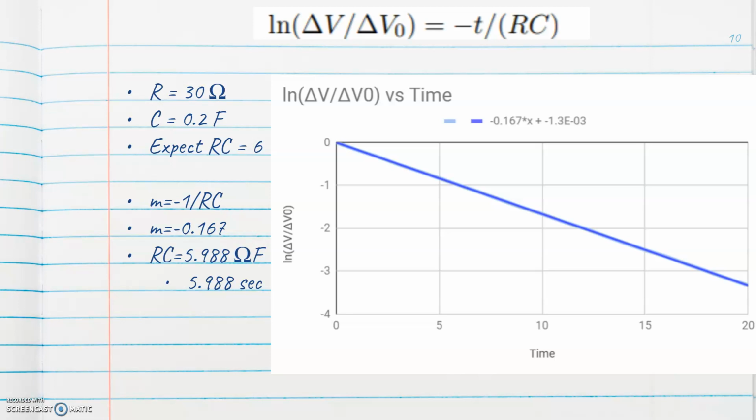So my RC value ended up being 5.988 ohm farads, which is the same as seconds. With the values of the 30 ohm resistor and the 0.2 farad capacitor, you expect the RC to be 6 by just multiplying them together, and that is almost exactly what I calculated. It's almost exact to what my design showed.